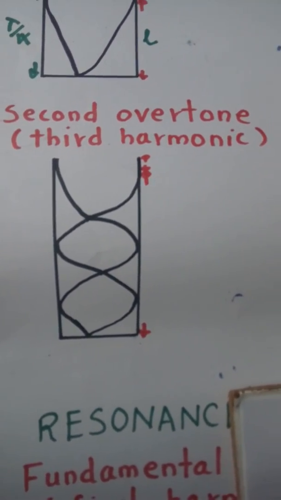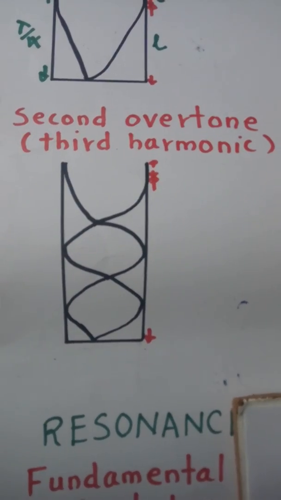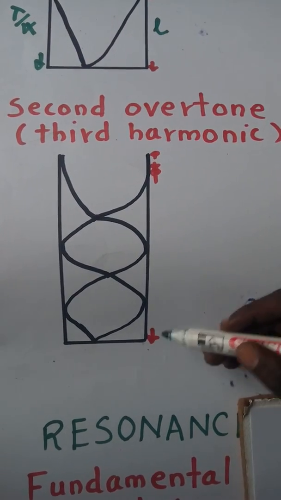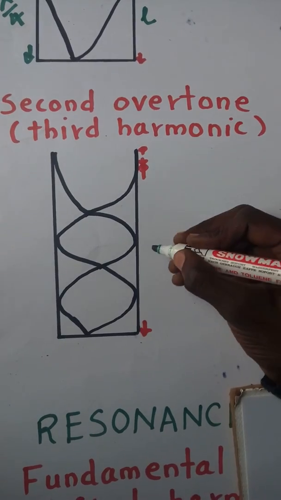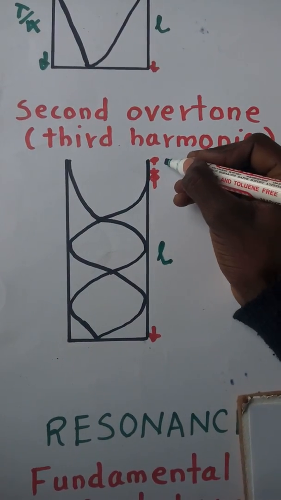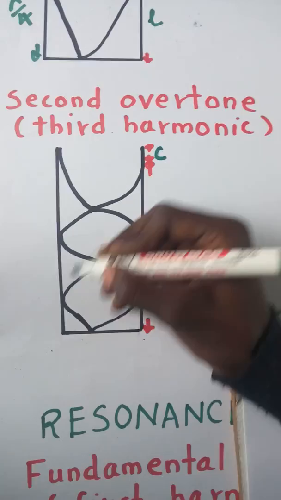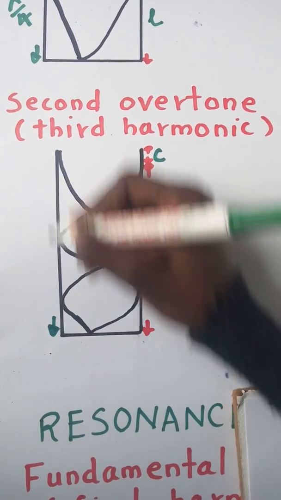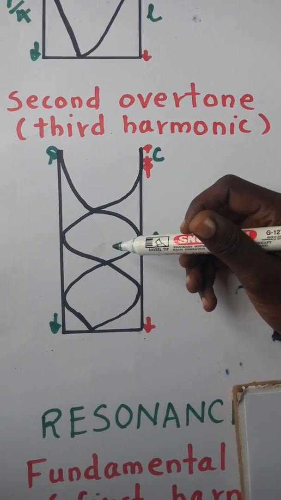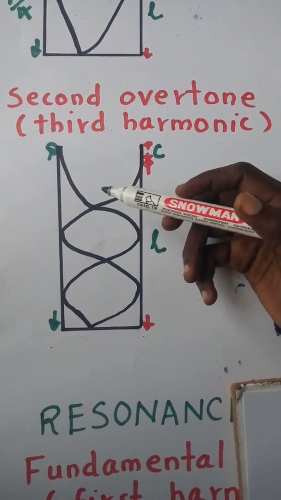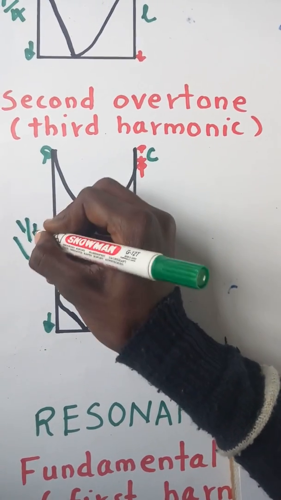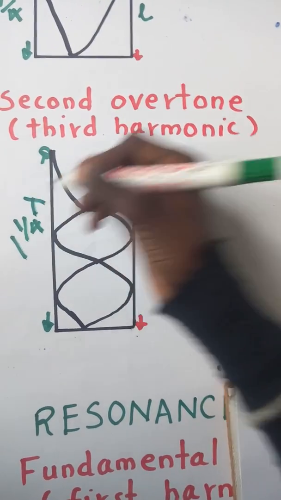Okay, let's see the second overtone, which is equal to the third harmonic. The length from here up to this point is the length of the closed pipe, and this is the end correction. The length from this point up to this point is half wavelength plus half wavelength, which is equal to 1, plus quarter wavelength, which is 1 and a quarter wavelengths.